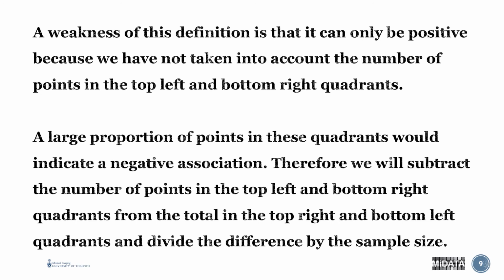Therefore, we will subtract the number of points in the top left and bottom right quadrants from the total in the top right and bottom left quadrants and divide this difference by the sample size. Okay, so this is our next change to our statistic.